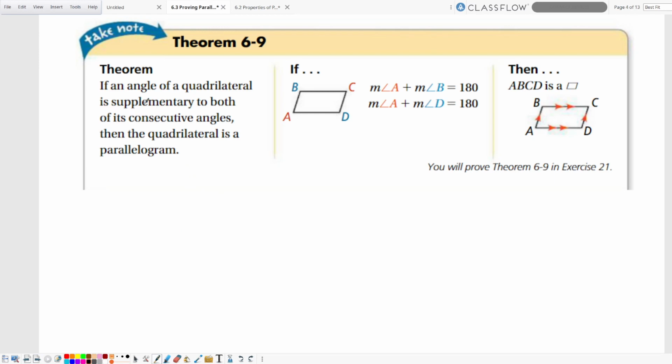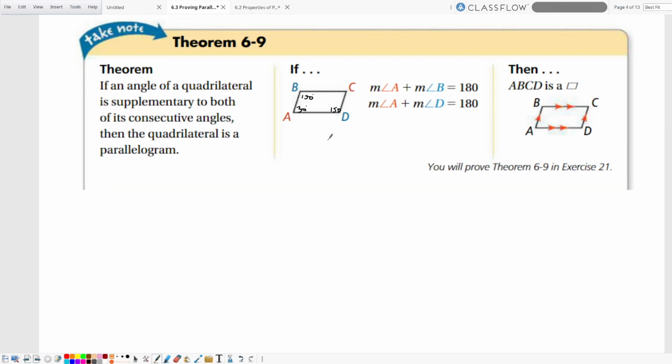If an angle of a quadrilateral is supplementary to both of its consecutive angles, then the quadrilateral is a parallelogram. So in this case, let's say that angle A is 30 degrees, and then you know that both B and D are 150 degrees, then this would have to be a parallelogram.